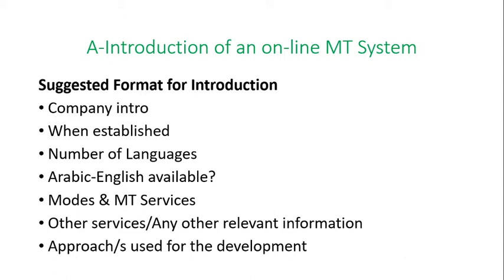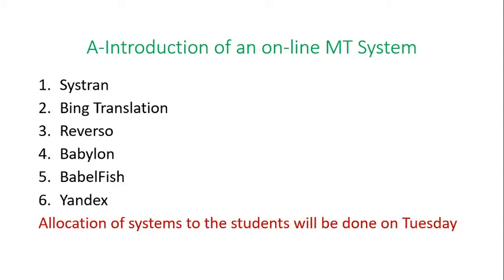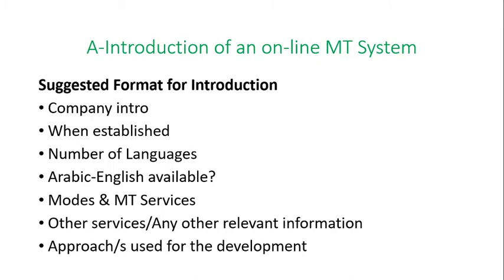Suggested format for introduction, because I'm asking you to introduce your allocated system, which will be allocated tomorrow inshallah. So I'm asking you to introduce this system, and I'm also suggesting a format for introduction.